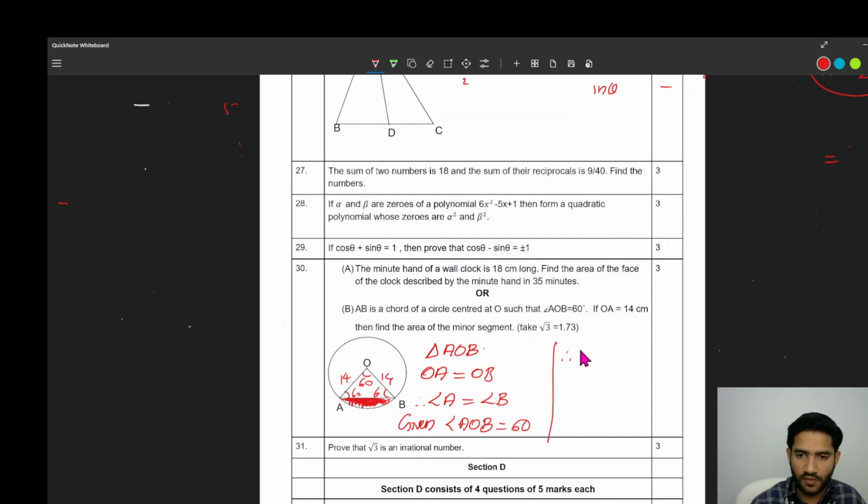So therefore we have angle OAB, that means angle A, and angle OBA, that means angle B, equal to 60 degree. So therefore triangle AOB is an equilateral triangle.